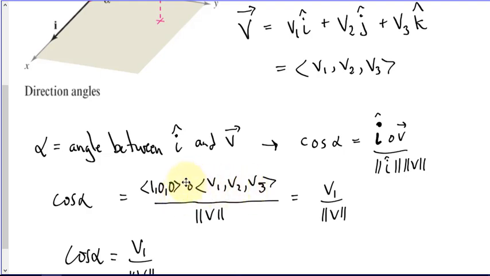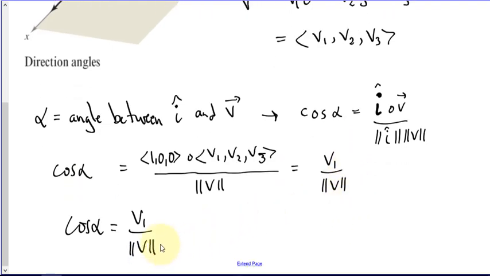And if you do a dot product of these, you're multiplying the x component with the x component, plus y component times y component, that's 0, plus z component 0 times z component v3, that's 0, and you add that together, you just get v1 as the result of this dot product. So that's v1, the x component only, a scalar, divided by the magnitude v of the entire vector, which also is a scalar. So the cosine of alpha is this scalar ratio.